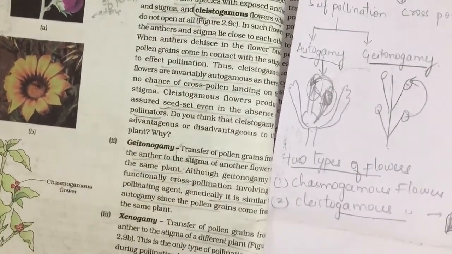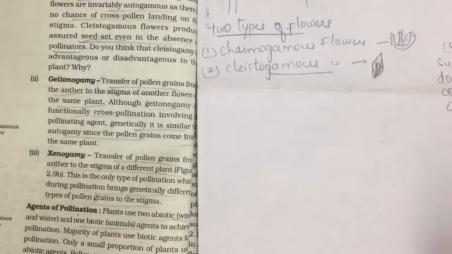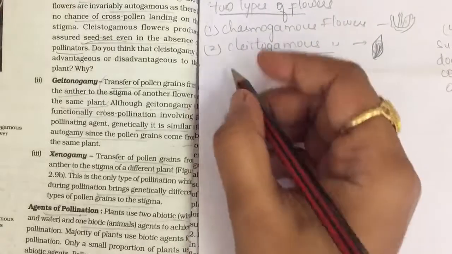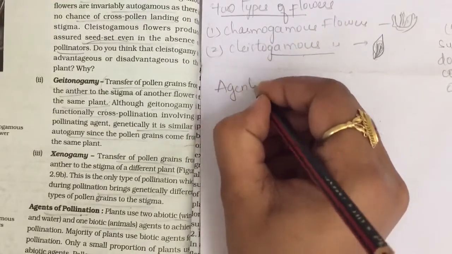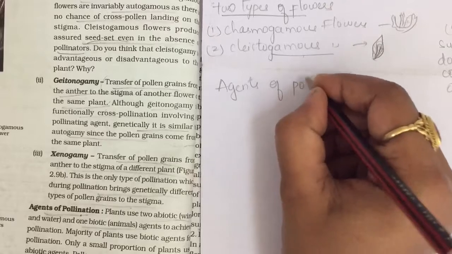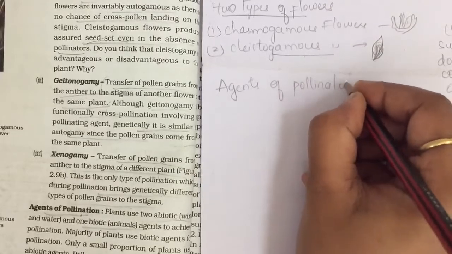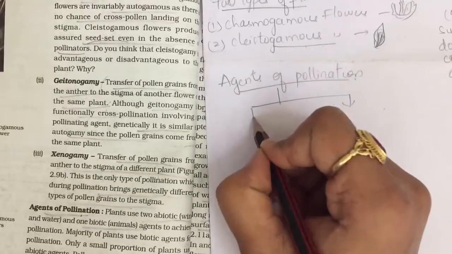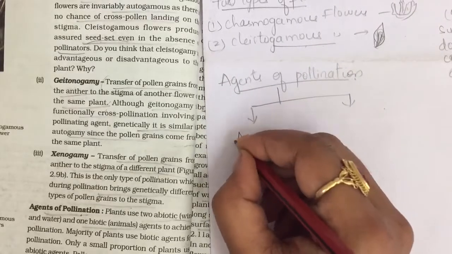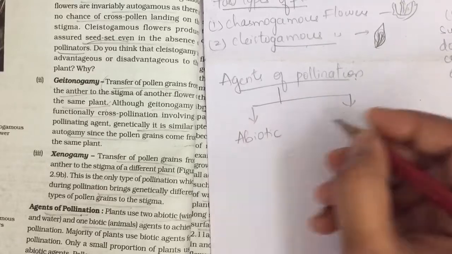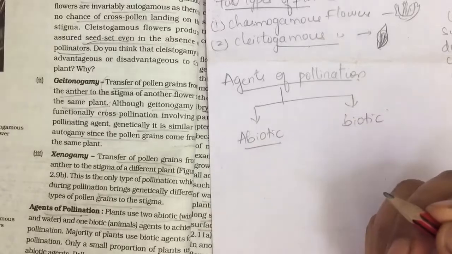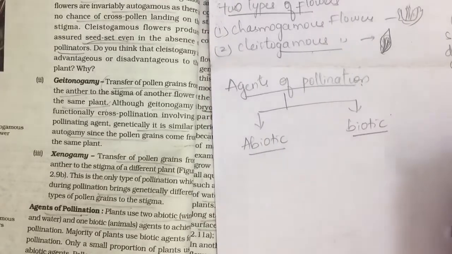Okay, so next we have agents of pollination. Based on agents of pollination, we have two different types of agents which we can use. One is abiotic, another one is biotic. Okay, abiotic, as you know, is non-living, biotic is living.